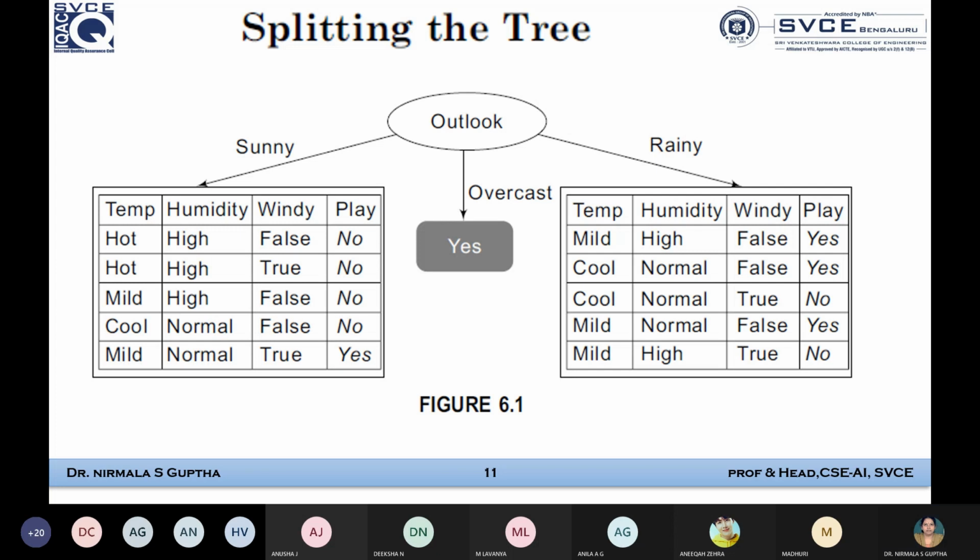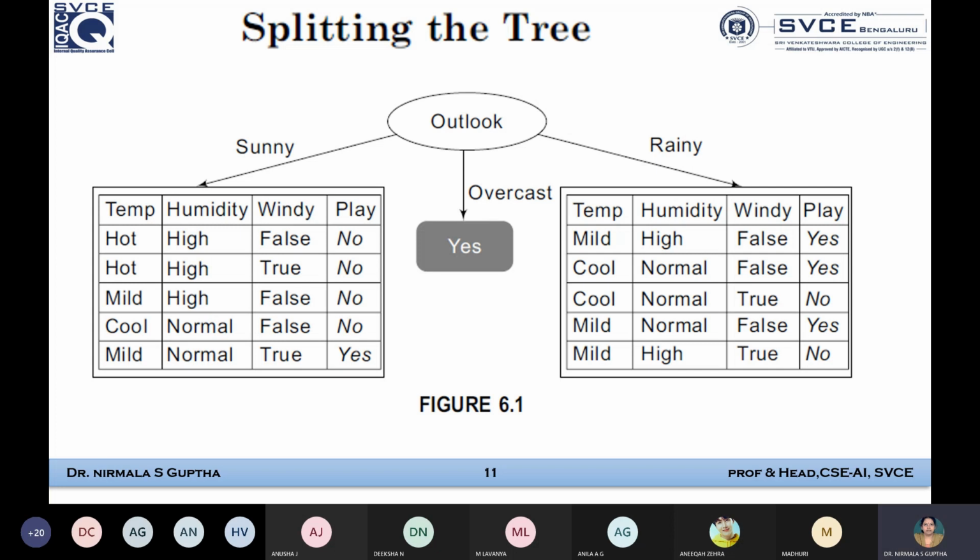Error count. So under sunny, for the high humidity, play is no. All the instances are correct, right? Because there is no data, yes. Whatever prediction I'm trying to make, that is the correct decision.